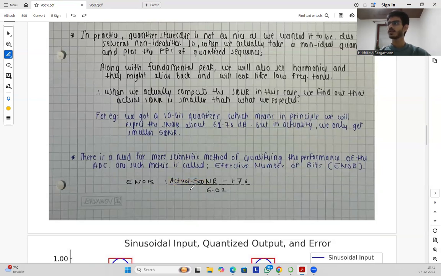We need to qualify the performance of the ADC in a more scientific method. So the effective number of bits is a metric to do so, and it is found by taking the actual SQNR, subtracting 1.76 dBs from it, and dividing by 6.02.